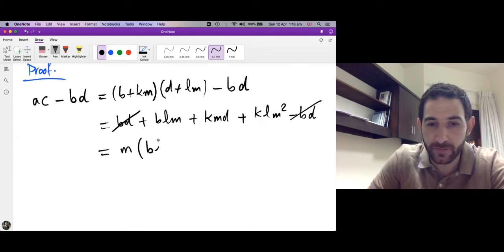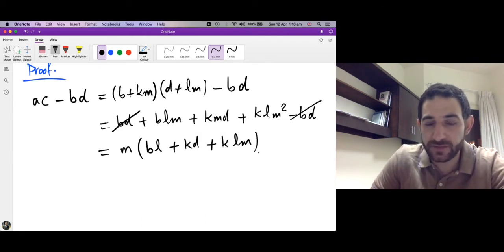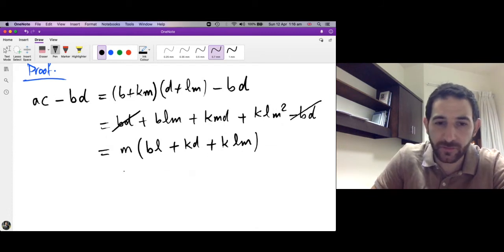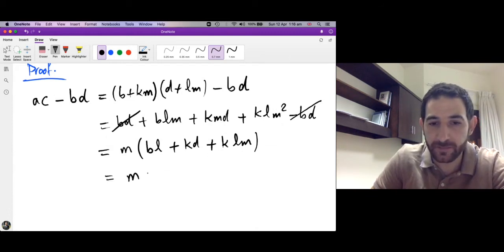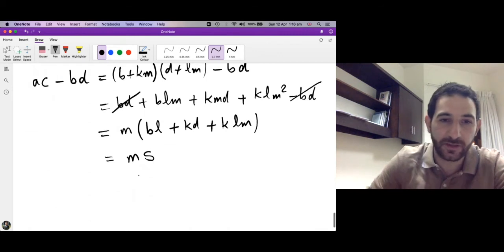Then we'll be left with BL plus KD plus KLm. But all of these are integers, and the sum of them is an integer, say S. So we showed that AC minus BD is equal to an integer times m.